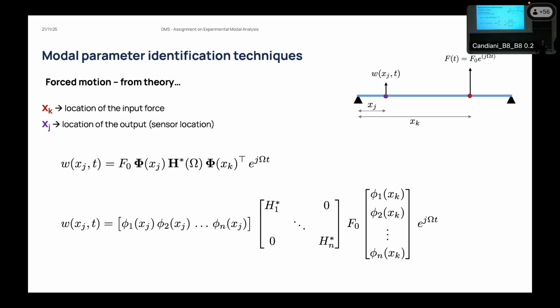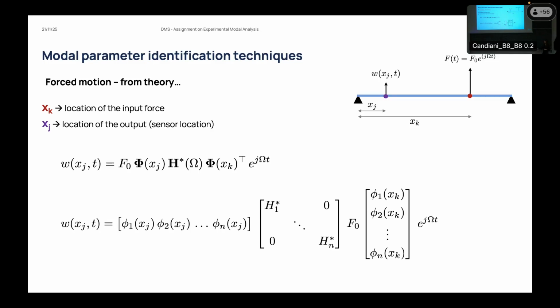What I wanted to do is to measure a force that I'm going to apply to a structure, to measure the output, so the way the structure is behaving, and by relying on those two pieces of information, I wanted to retrieve the modal parameters.